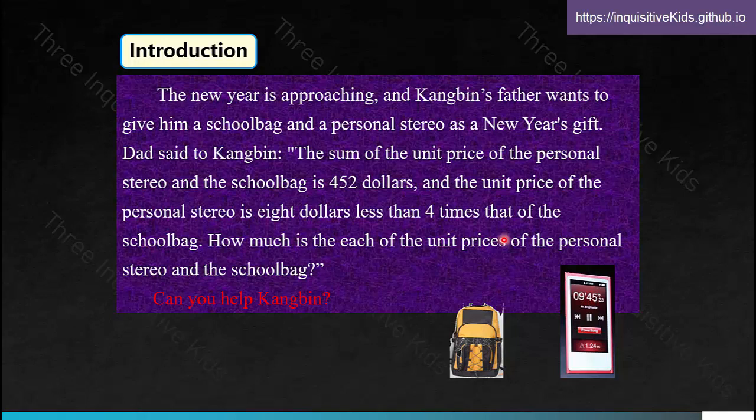Dad said to Condon, the sum of the unit price of the personal stereo and the school bag is $452, and the unit price of the personal stereo is $8 less than 4 times that of the school bag. How much is each of the unit prices of the personal stereo and the school bag? So, Condon needs to answer his father's problem. Can you help him?